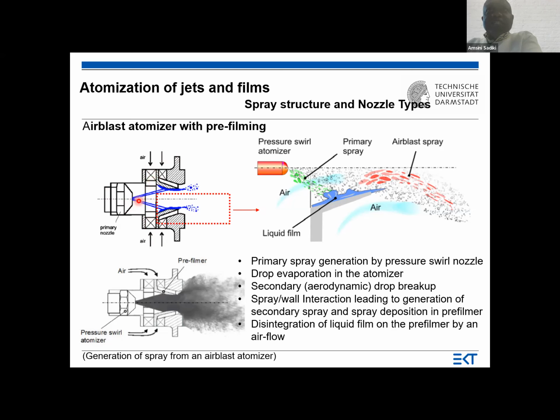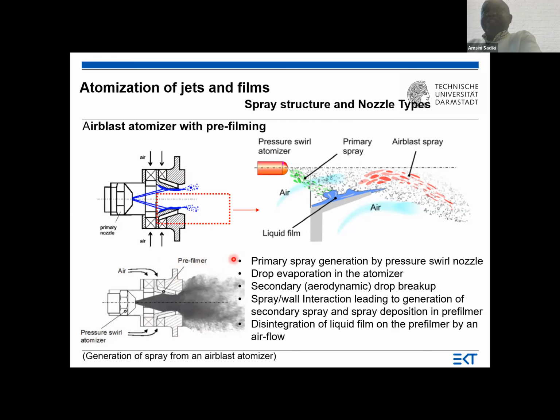We have the spray which comes and impinges on this surface, and this forms a film here. That is why we call it prefilming. And due to the air which comes from here, we have this shearing, which causes the atomization at this position.